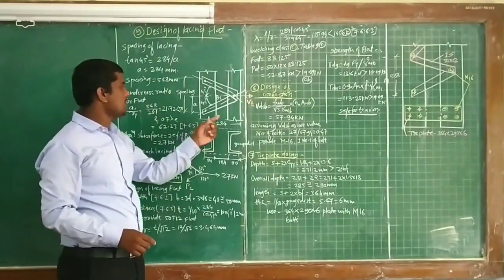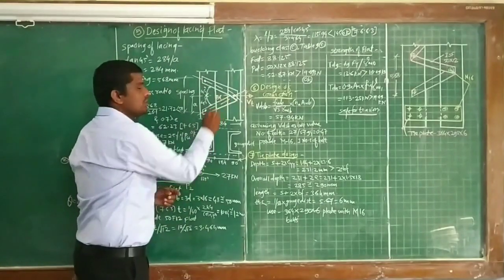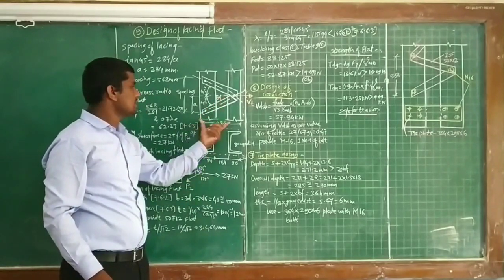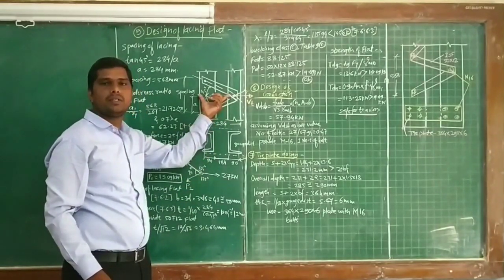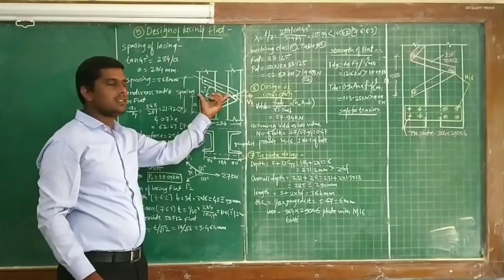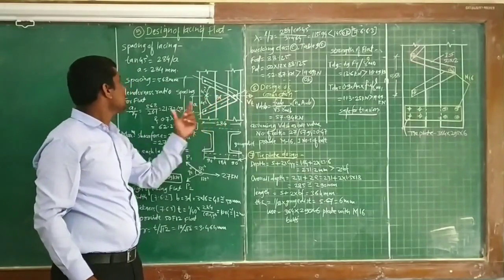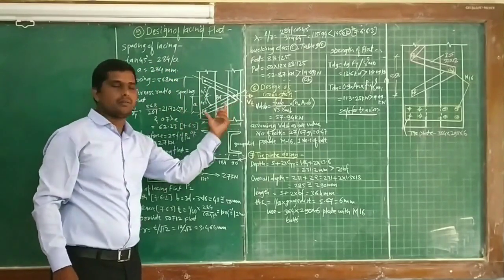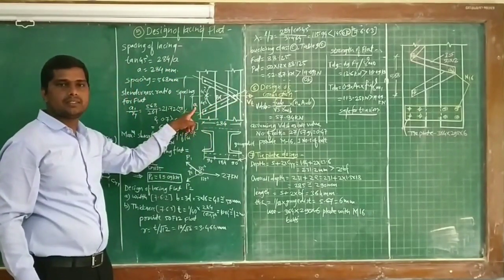As we know, theta is equal to 45 degrees, so tan theta is equal to the adjacent side, that is the 284 mm distance given, divided by A1.